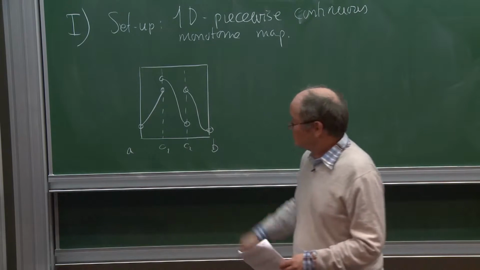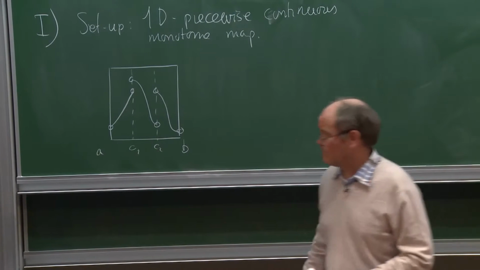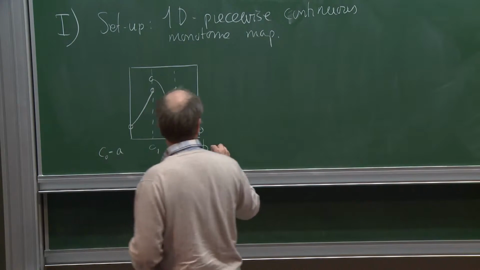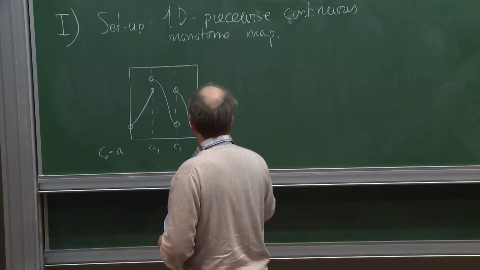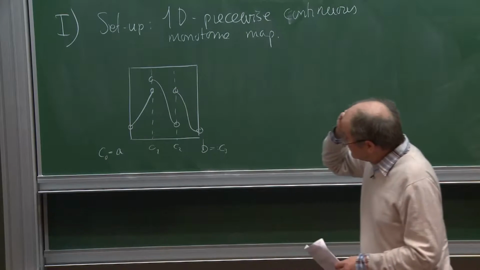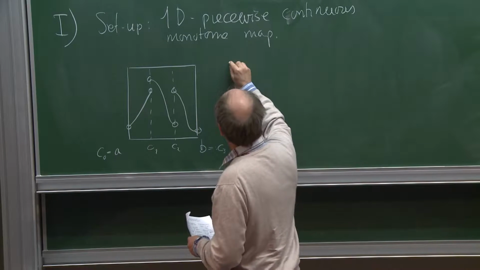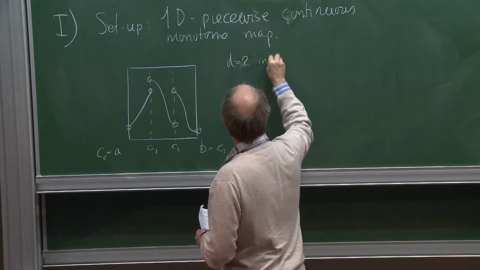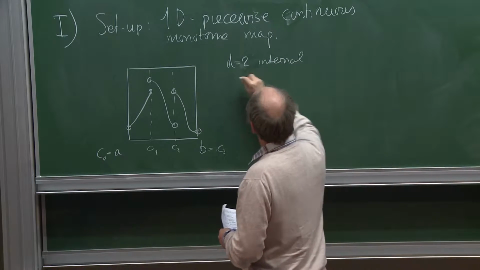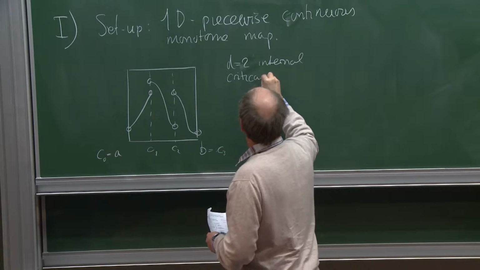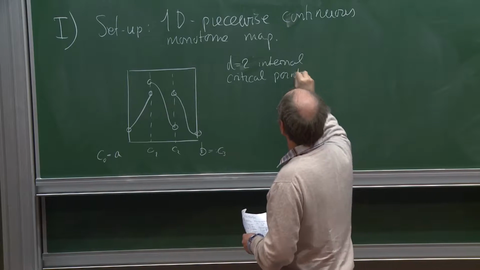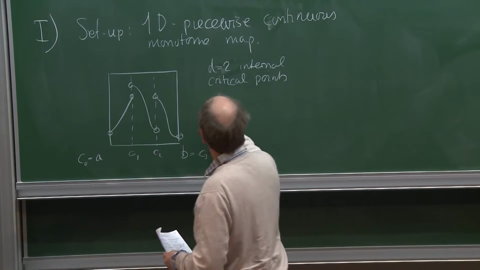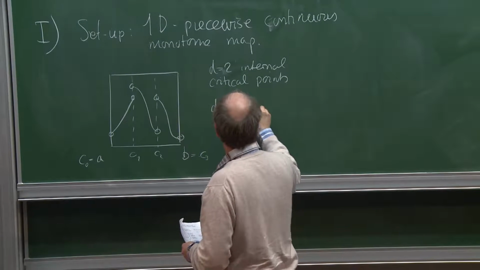So you have some critical points inside, and we will also be interested in denoting these something. Here we have two internal critical points, and out of this we have three intervals, so t plus 1 intervals.